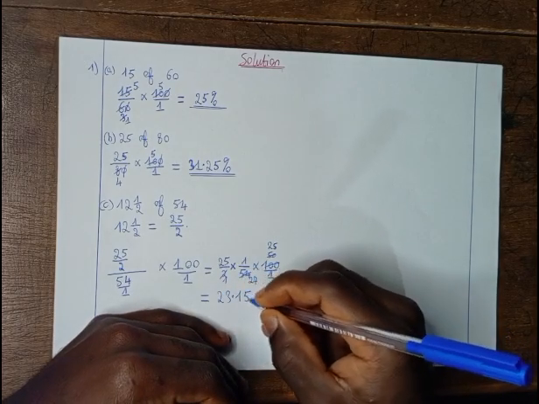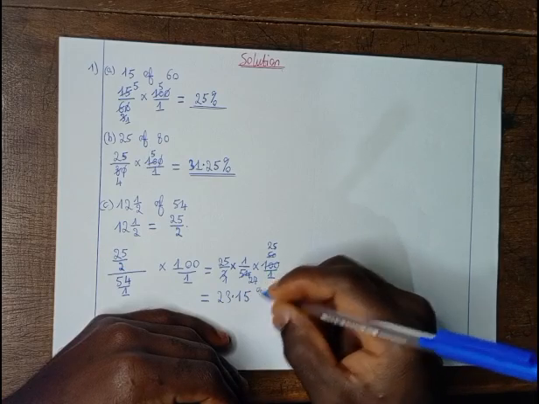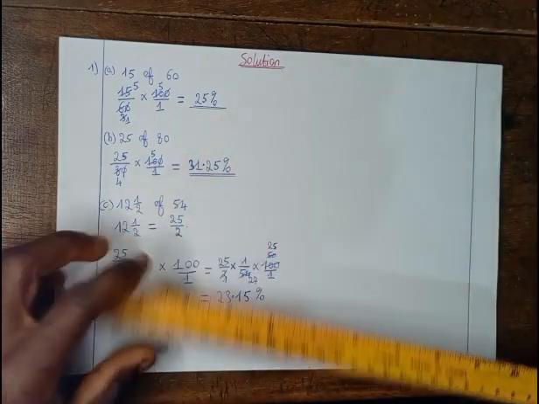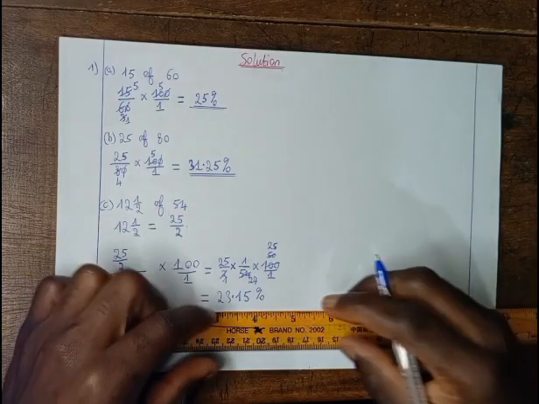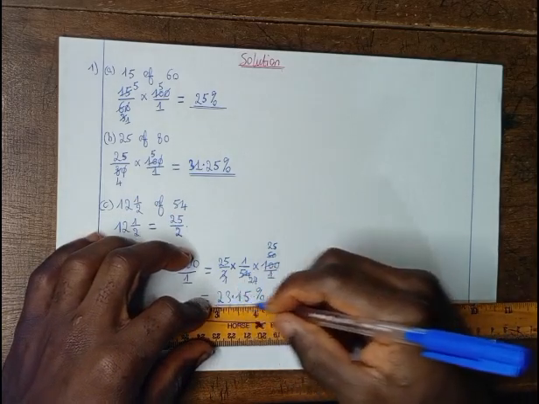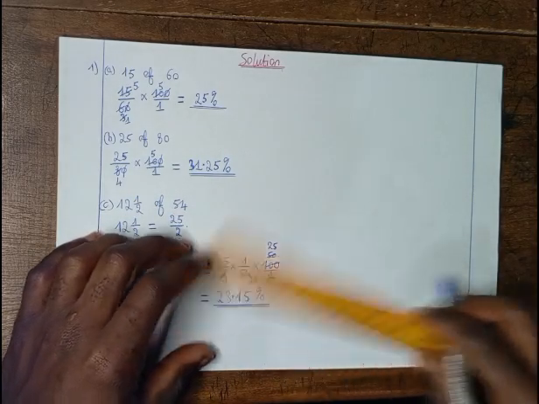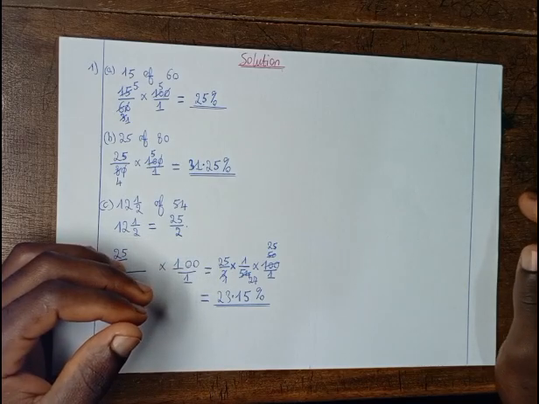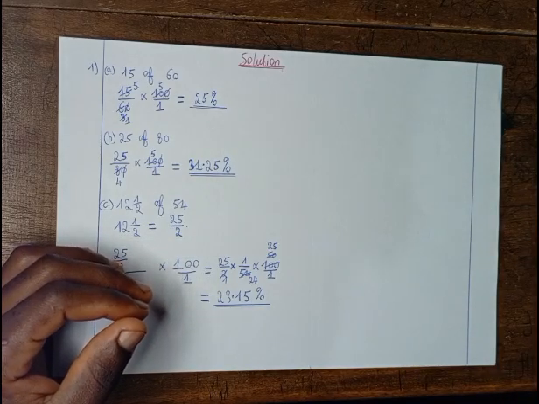Then we attach the percentage sign. It simply means 12 and a half of 54 as a percentage is simply 23.15%. We are done with question 1.